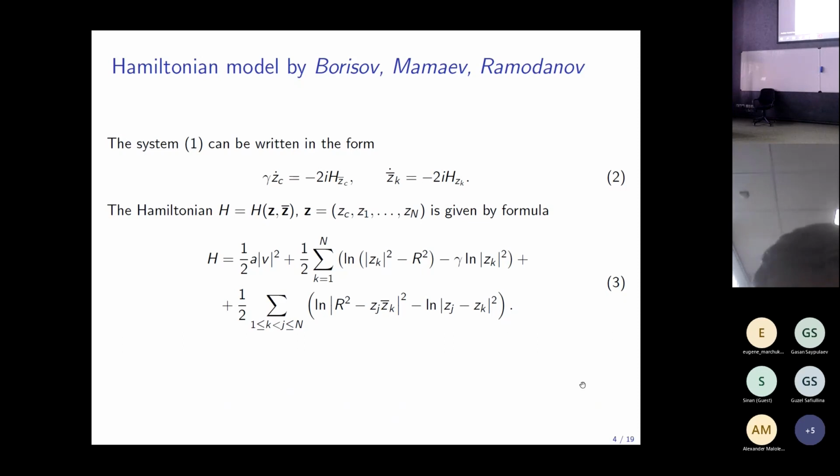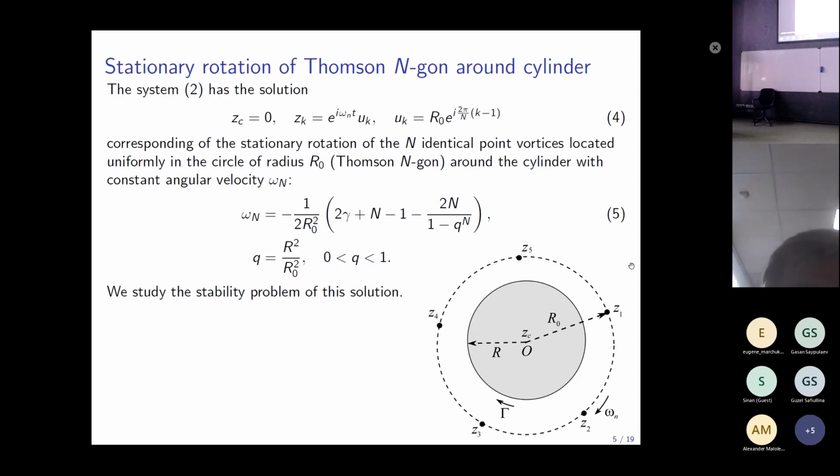Next slide, please. This system has the solution 4, corresponding to the stationary rotation of n identical point vortices. Point vortices are located uniformly on the circle of radius r0. The angular velocity is given by formula 5.